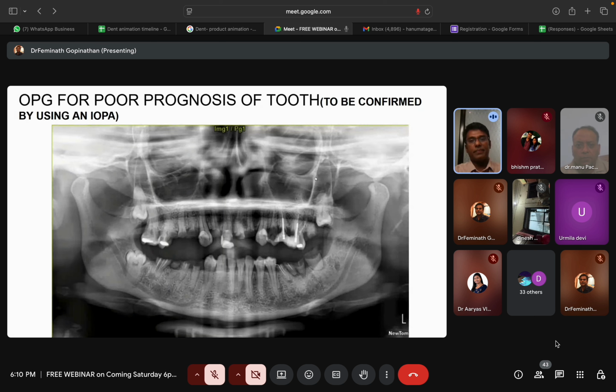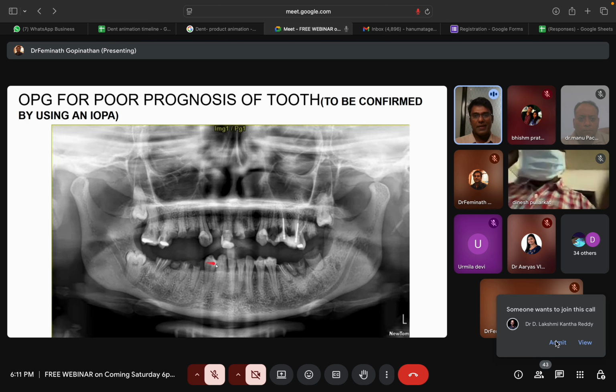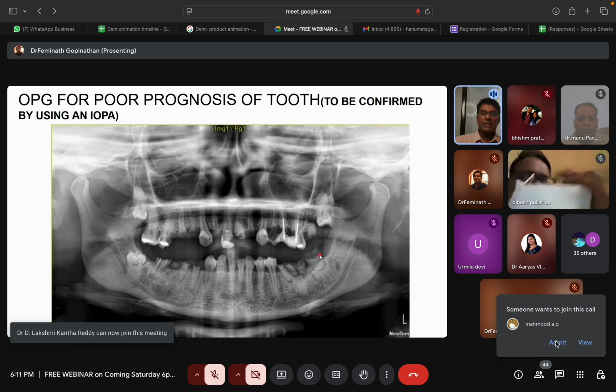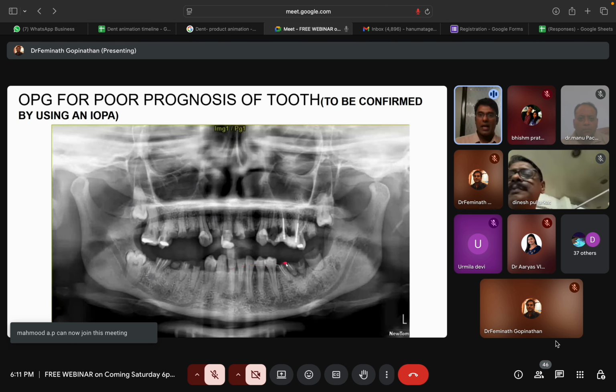There is something called cross arch stabilization. Cross arch stabilization means when you construct from here till here using a single frame, you have an arch which is being stabilized cross arch. So this gives more stability. Now your question is whether you prefer a cross arch stabilization to a segmental one. Segmental is from here till here and from here till here.